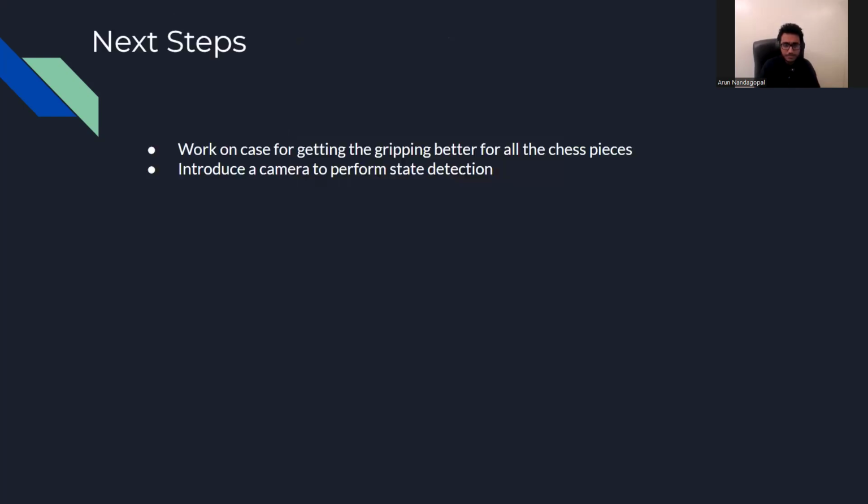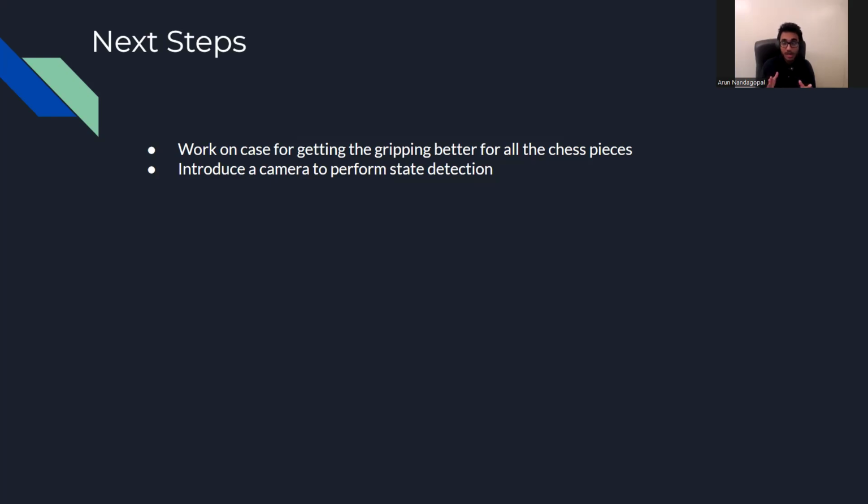And the next steps which I plan to work on are to get the gripping working better for all of the pieces. Right now, I do find that at some points it's not able to grip the chess piece properly. It slips. So I need to figure out what the right gripping joint angle is and what the right height is so that the gripping works all the time.